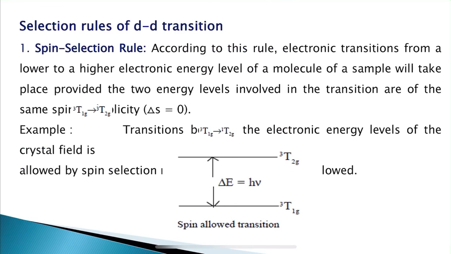The spin selection rule says that when an electronic transition takes place from a lower to a higher electronic energy level, the spin multiplicity of the two energy levels should be equal, or the change in spin multiplicity, delta S, will be equal to 0.